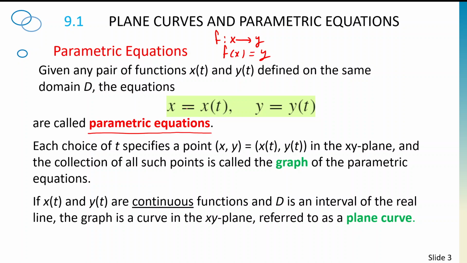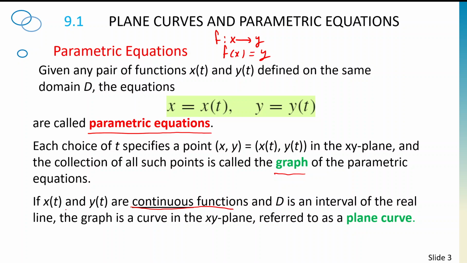Now, if we take these points x, y, we're changing time. According to the change of time, the values for x and y will change accordingly. So if I take a list of these points and plot them in the xy plane, I'll get a graph, where x of t and y of t are both continuous functions, and D is an interval of the real line.